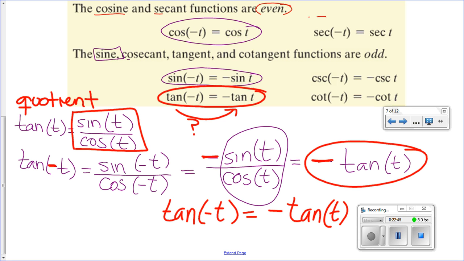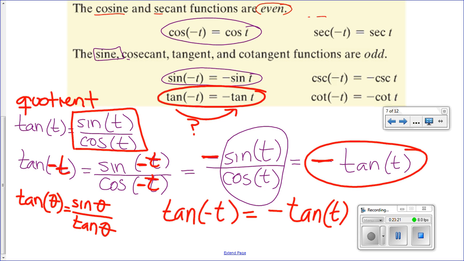So I'm substituting the angle with a negative angle. Now, by definition, if I was trying to find the tangent of theta, it will be sine of theta divided by the tangent of theta. But in this case, what I was doing is trying to find the tangent of negative t. So because of that, I replaced the angle here with negative t.